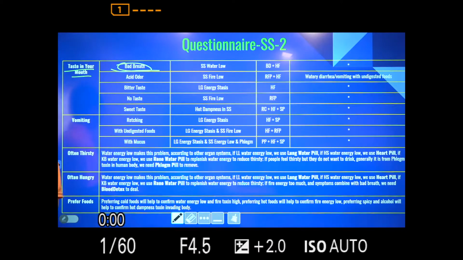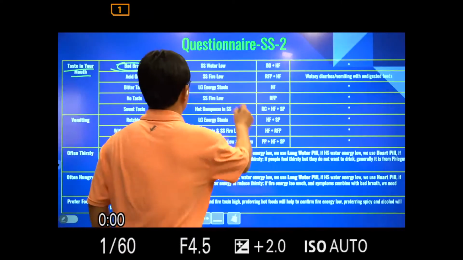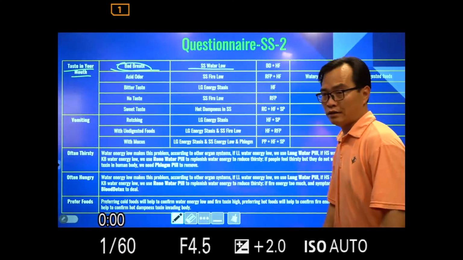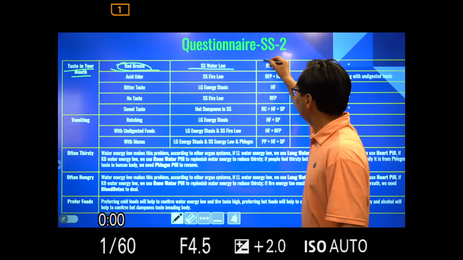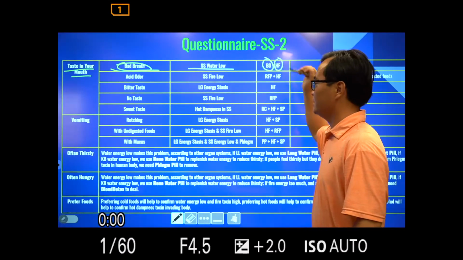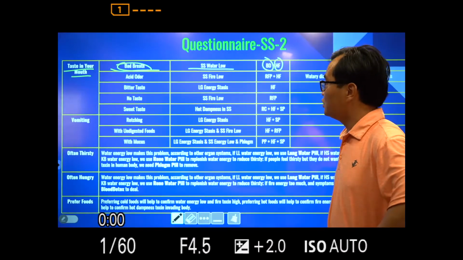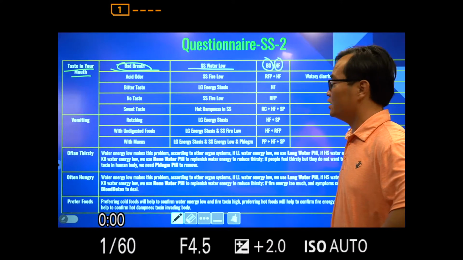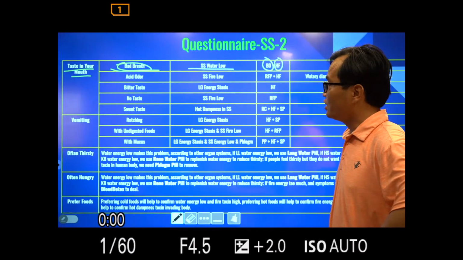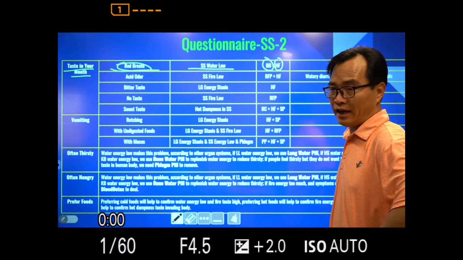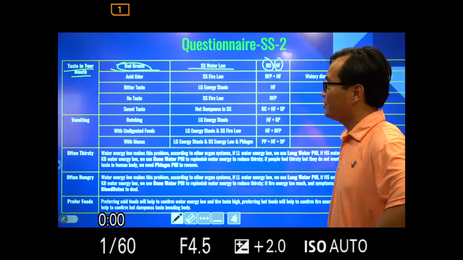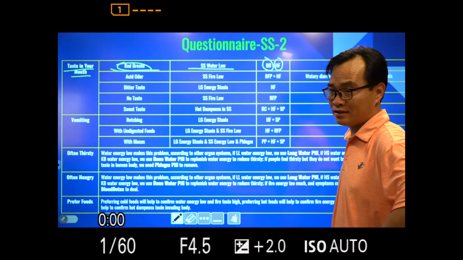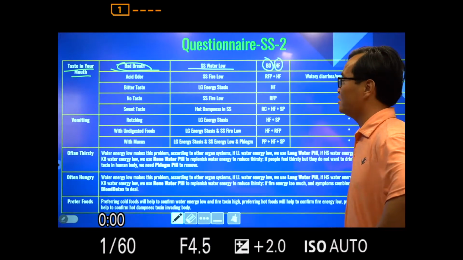This kind of bad breath is a confirmation symptom showing your SS water energy is low and fire toxin is high. For this, we need blood detox to clean the fire toxin and replenish the water energy, but the heavy 40 is an assistant. Why do we need heavy 40 as an assistant?